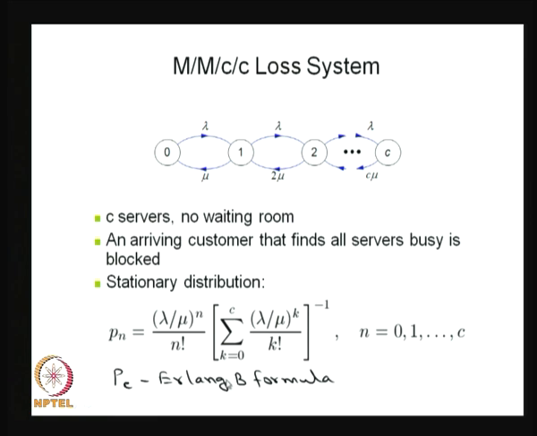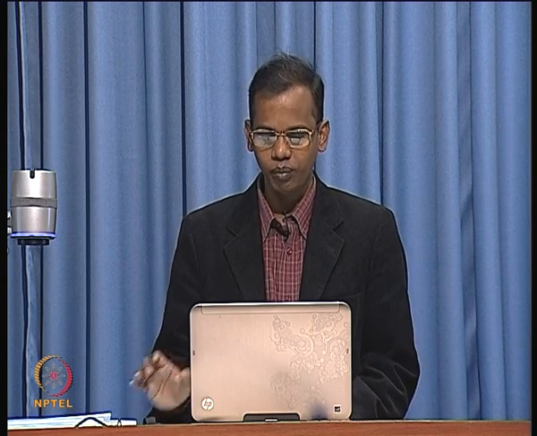So, this is also useful to design the system, to find the optimal C in such a way that you can minimize the probability that the system is full. For that you need this formula, to do the optimization problem over C. And here we denote p suffix C, that is the Erlang B formula, whereas the Erlang C formula comes from the MMCK model. For the loss system, we will get the Erlang B formula.